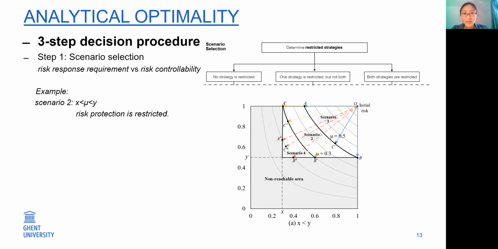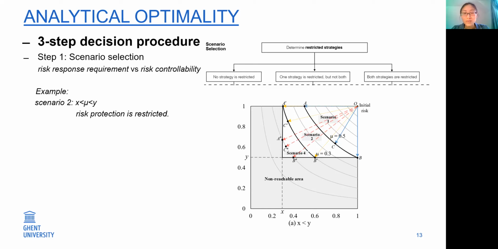Thus, in this case, no strategy is restricted. But in scenario 2, the risk response requirement is higher than the minimal risk probability, but is smaller than the minimal risk loss. Thus, in this case, only risk protection cannot satisfy the risk response requirement, and thus we regard the risk protection as a restricted strategy.